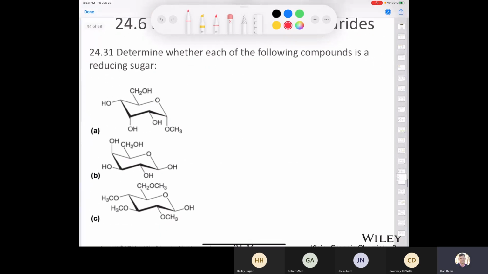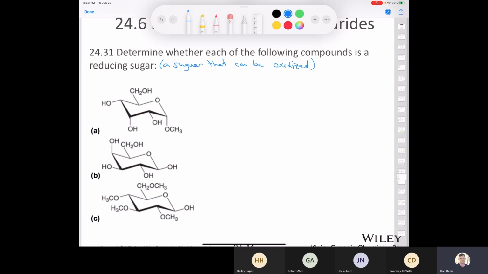Okay, determine whether each of the following compounds is a reducing sugar. Remember, a reducing sugar is a sugar that can be oxidized. Okay, you've got to be able to oxidize it in order for it to be a reducing sugar. What about A? Would that be a reducing sugar? Yes or no?